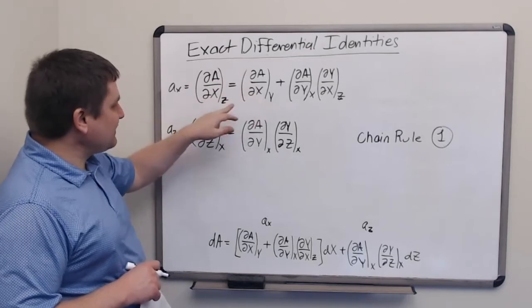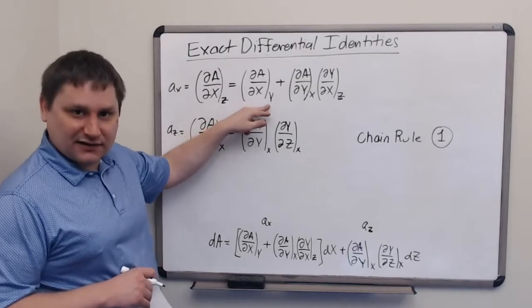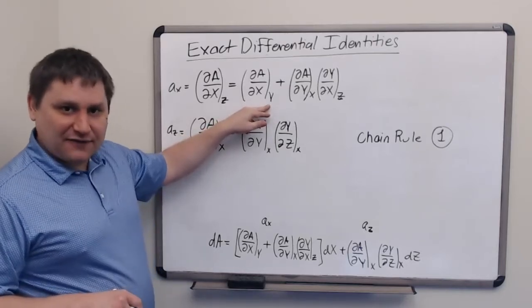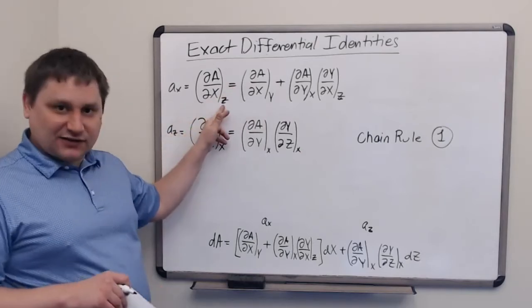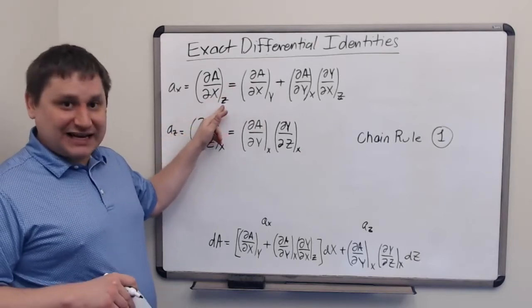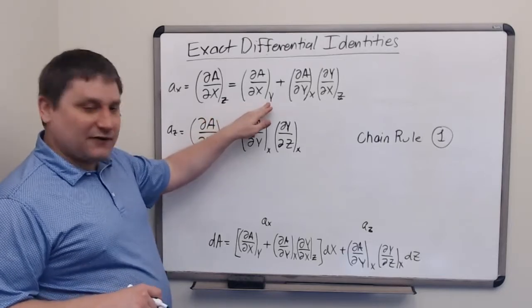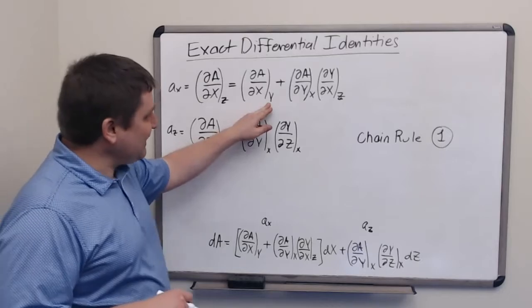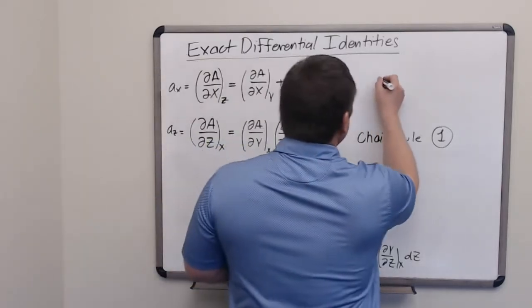The difference is this one has z held constant, and this one has y held constant. So the application we're going to find for this is when we have a derivative which specifies a certain variable to be held constant that's inconvenient, we can change that to hold a different variable constant at the expense of adding on some other terms. So we call this one change of variable.